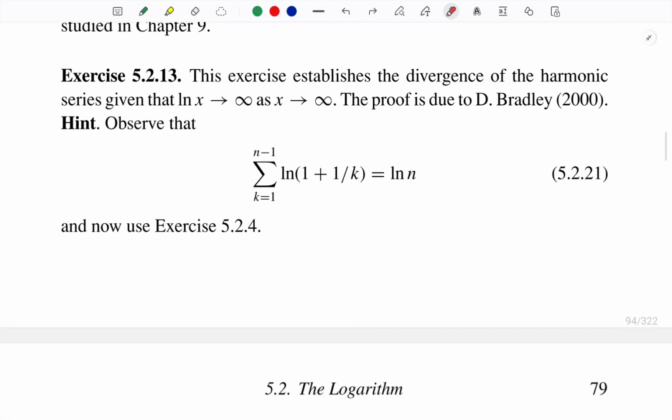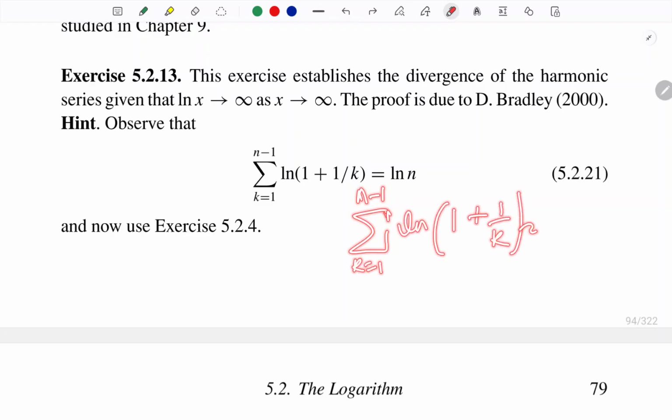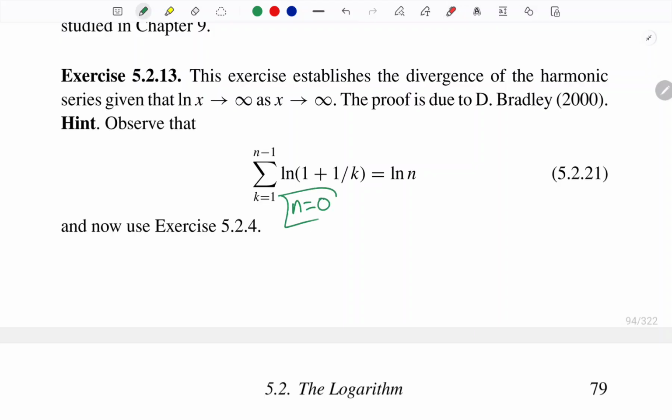Okay, let's move further below, and I'm having something here. The series from k equals 1 to n minus 1 of ln of 1 plus 1 over k is ln of n. Let's play with some mathematics. Let's plug in n as 0.